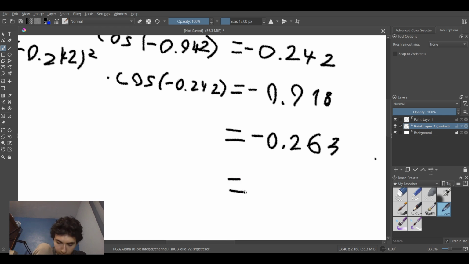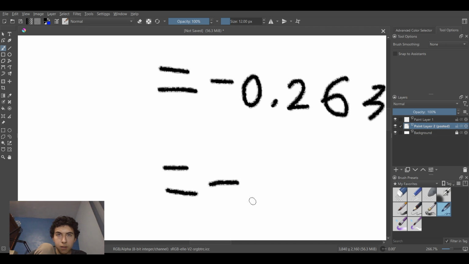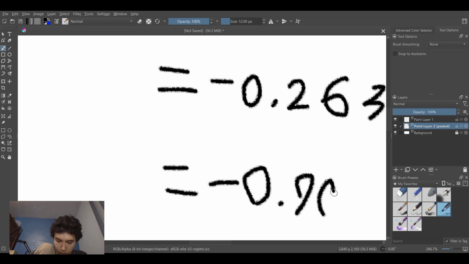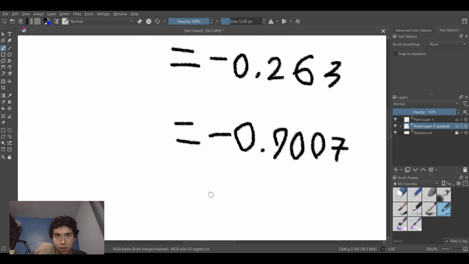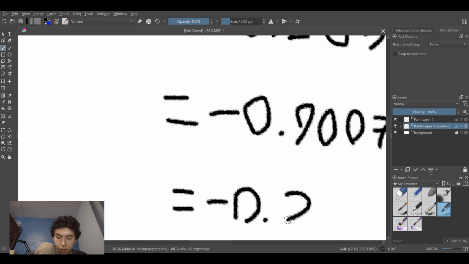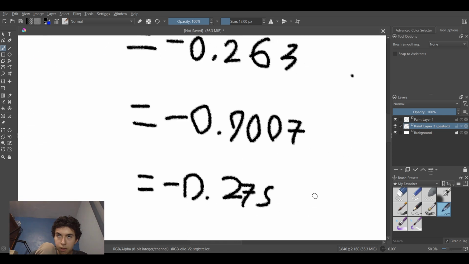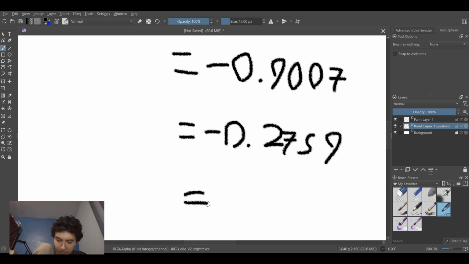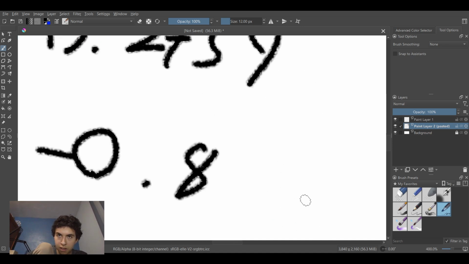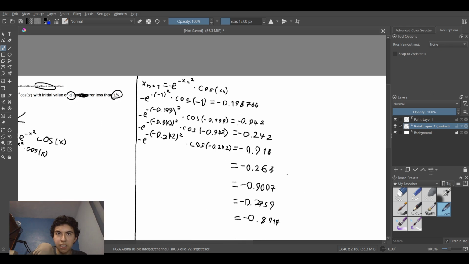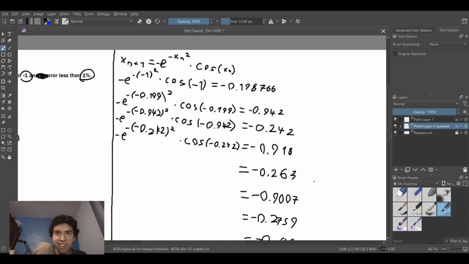Then minus 0.9007, and then again minus 0.2759, again minus 0.8917. We're closing in. We can see that the difference is getting smaller.